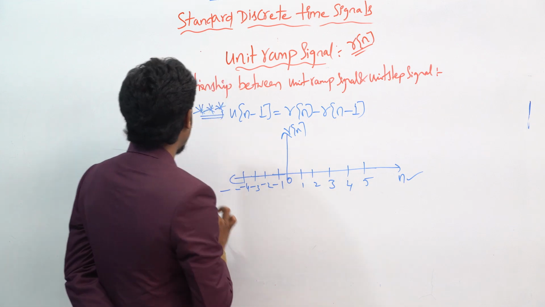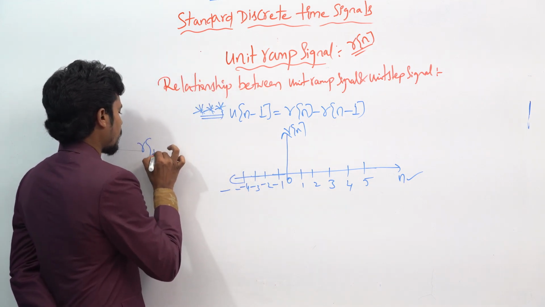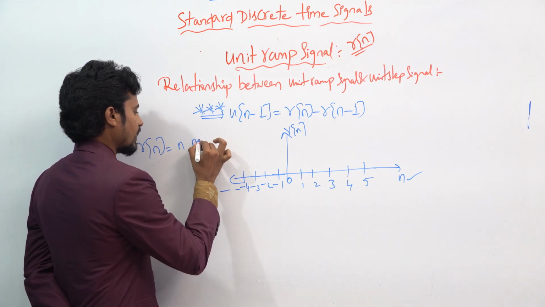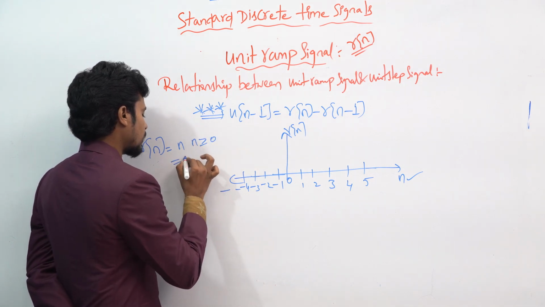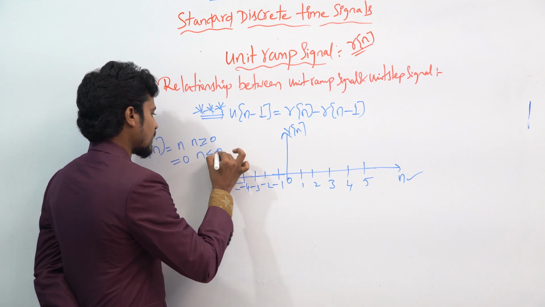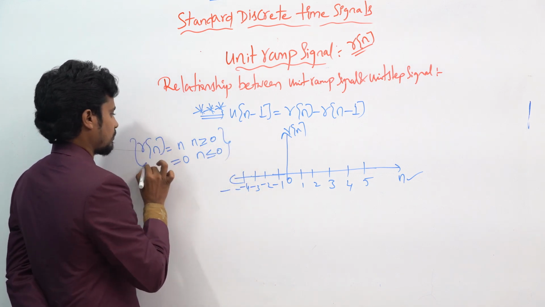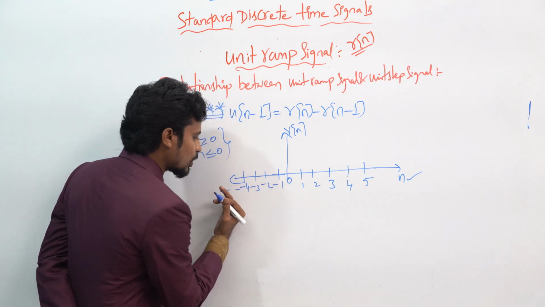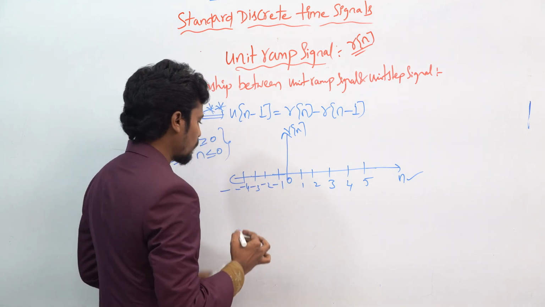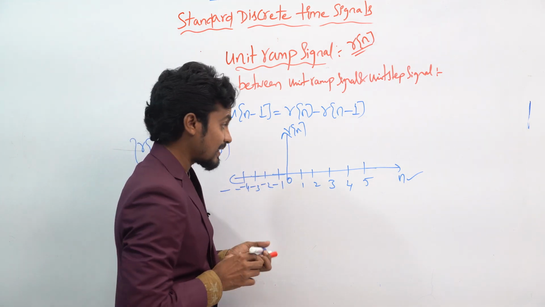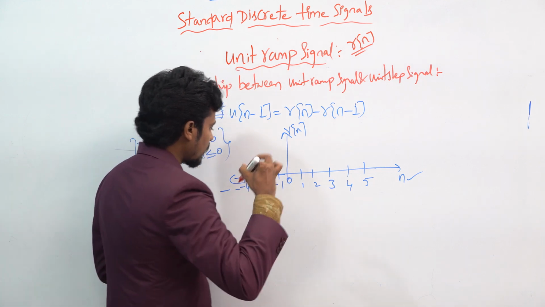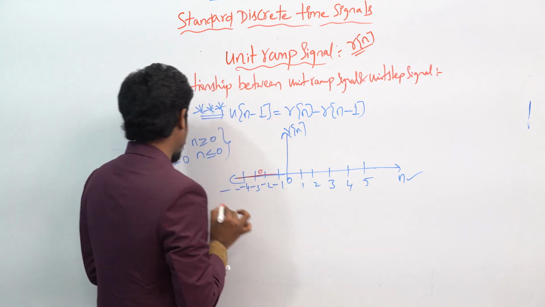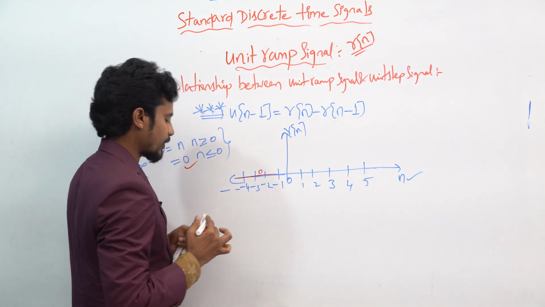You already know r of n is equal to n for n greater than or equal to 0, and 0 for n less than or equal to 0. That means whenever you see the case n less than or equal to 0, you will get 0. Here there will be no signal present.